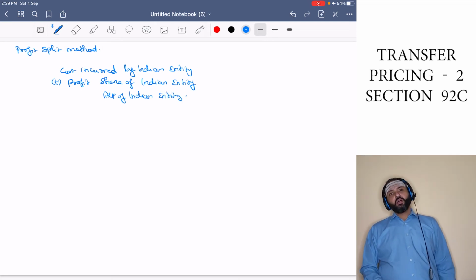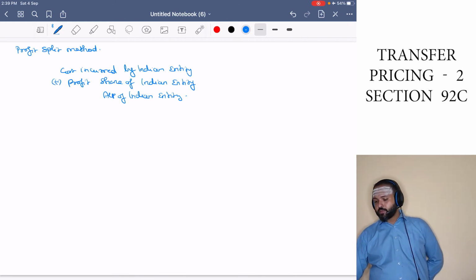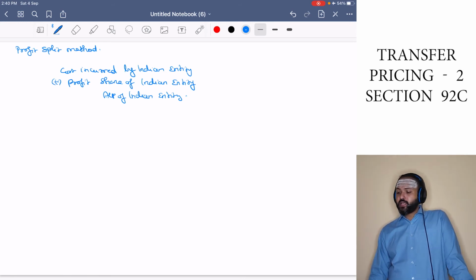Now, let us understand this better with a problem as usual. Okay. Now, AIPL, AJI and ASPL enter into a joint venture for manufacturing specialized computers for space and defense projects. Okay.